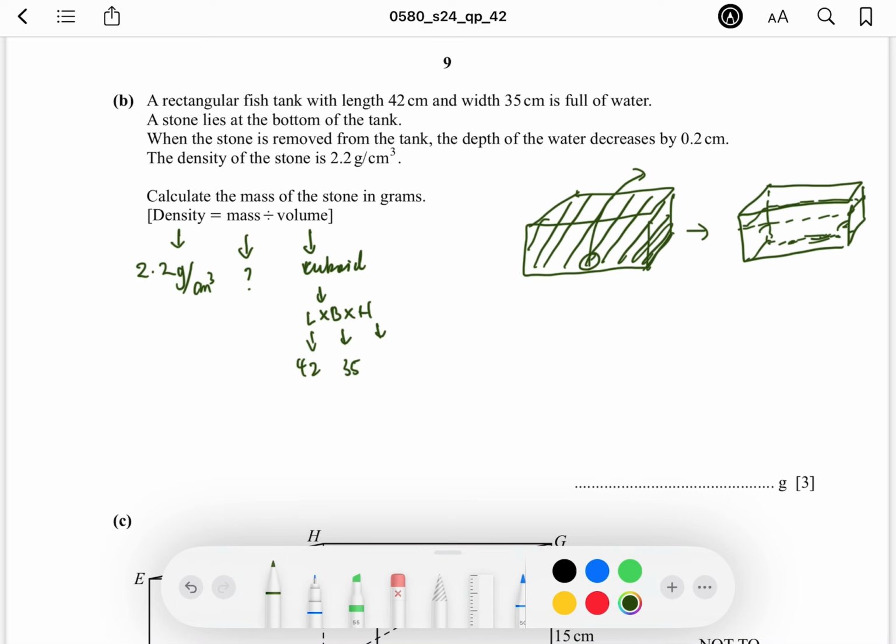So it asks for the mass of the stone. So for the volume we want, do we need the volume of the water or the volume of the stone? No. We need to find the volume of the stone.